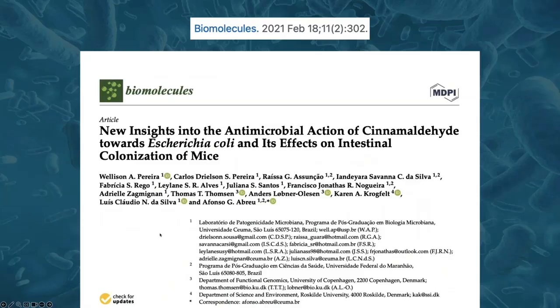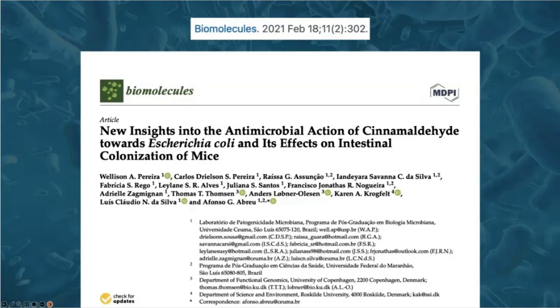The title here is New Insights into the Antimicrobial Action of Cinnamaldehyde, which is an extract from cinnamon, towards E. coli, and its effects on intestinal colonization in this animal model. So there's actually lots of different ways to help counteract some of these inflammatory microbes and also possibly reduce the biofilms that they often produce that can be part of the pathological picture for some patients.